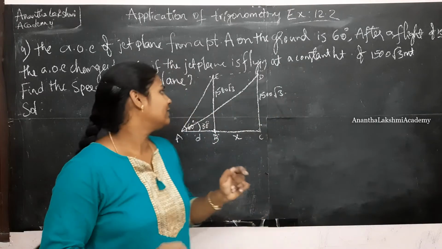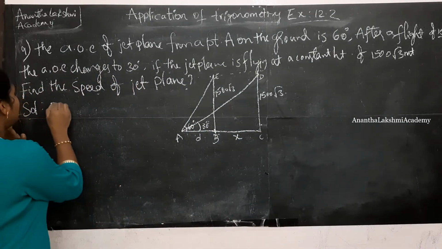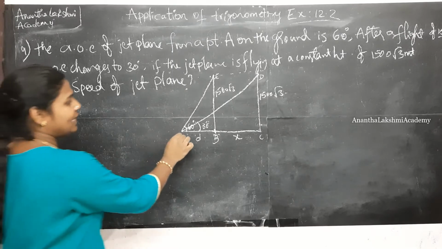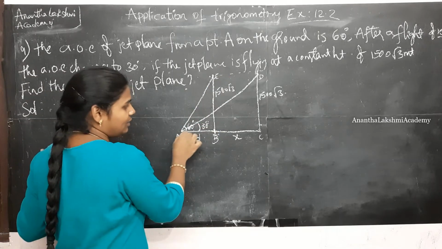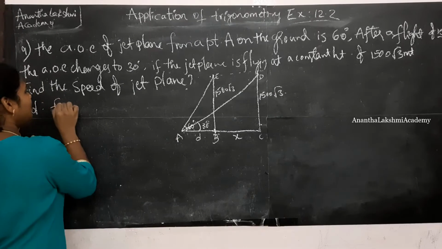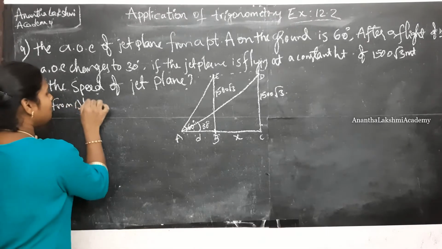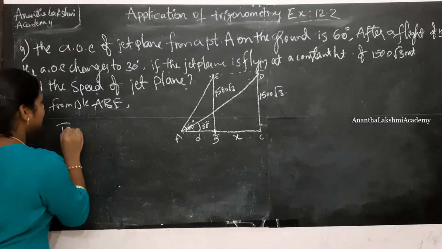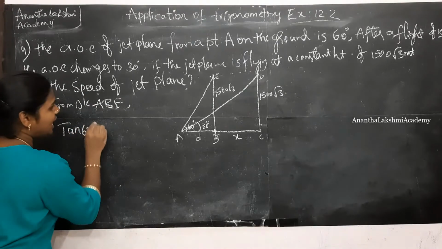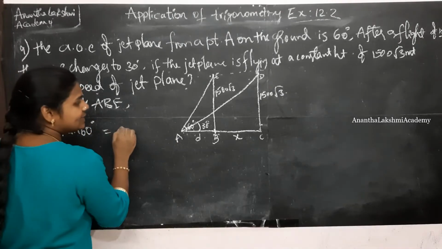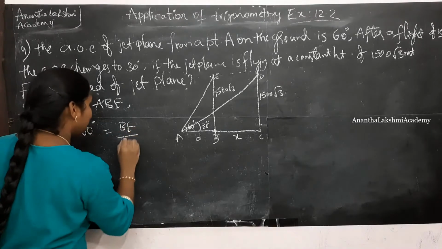We have quickly named the triangle, and now in the solution, from the first triangle ABE, where it made an angle of elevation of 60 degrees, I am considering tan, because we know the height and we assume the adjacent as D. So tan 60 is equal to BE by AB.